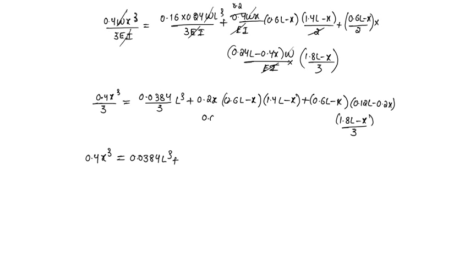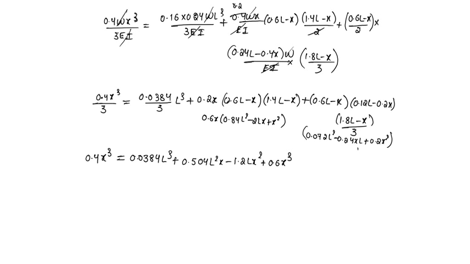This will be 0.6x into 0.84 L square minus 2 Lx plus x square. So this will be 0.504 L square x minus 1.2 Lx square plus 0.6 x cube. And on simplifying this, this will be 0.072 L square minus 0.24 xL plus 0.2 x square into 1.8 L minus x.